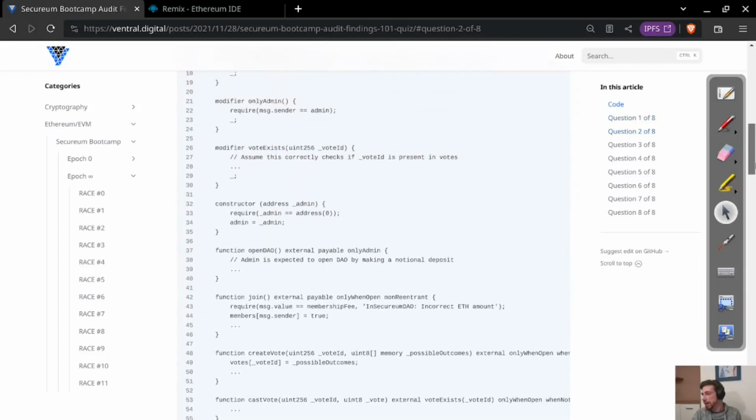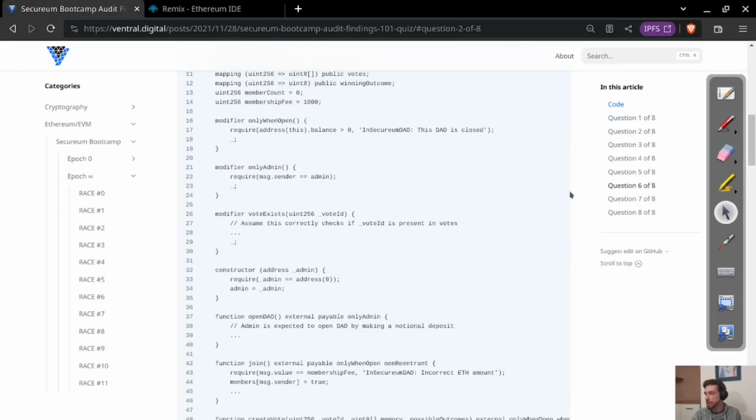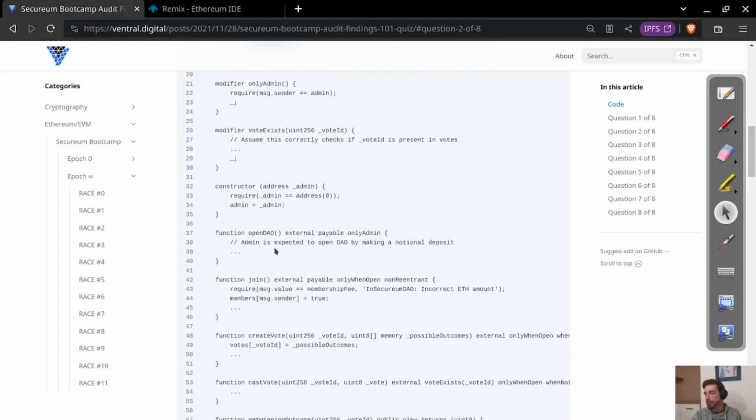The only thing we have, which maybe we could argue represents something like a guarded launch, is that people can only use it once admins have decided it is time to open it. At least that was the intention with this open DAO function, which is only callable by admins, but as we have seen in the previous question, this actually doesn't work. Anyone can open the DAO.